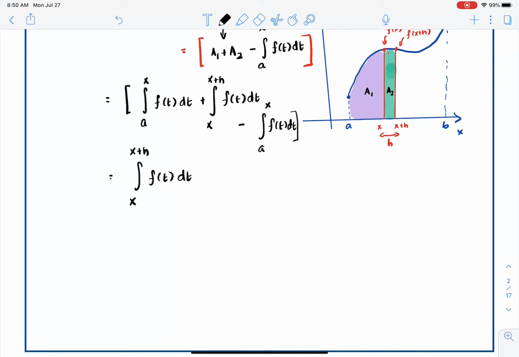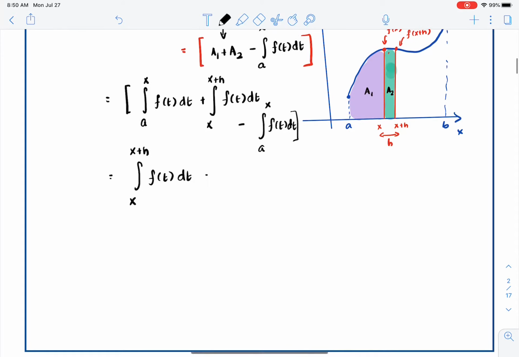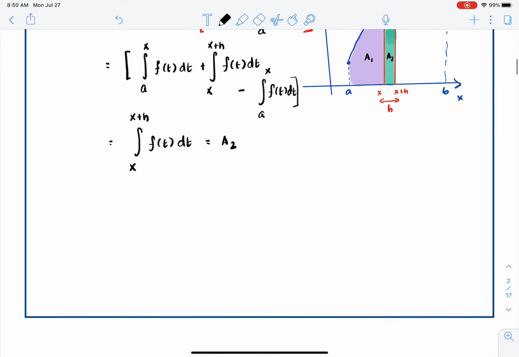Now that is simply the area under the curve A2, because we are simply looking from x all the way up to x plus h. So that is simply A2. But if we use the rectangle approximation, that is simply equal to h times f of x. I'm using the left endpoint.